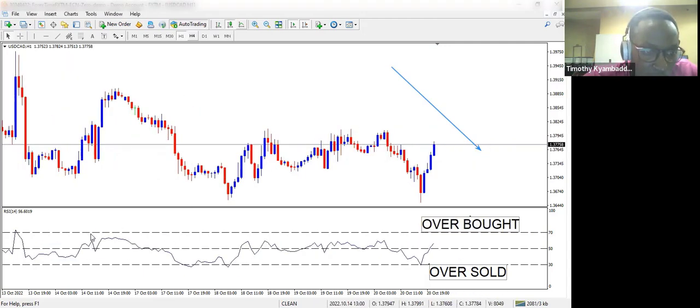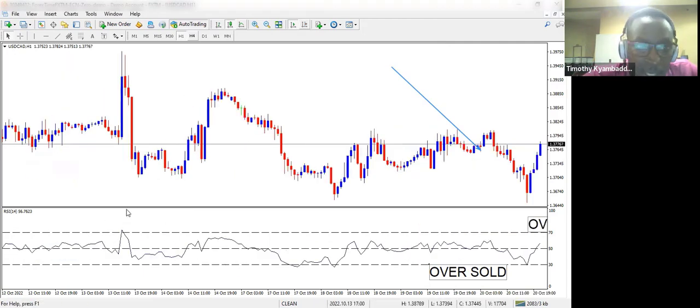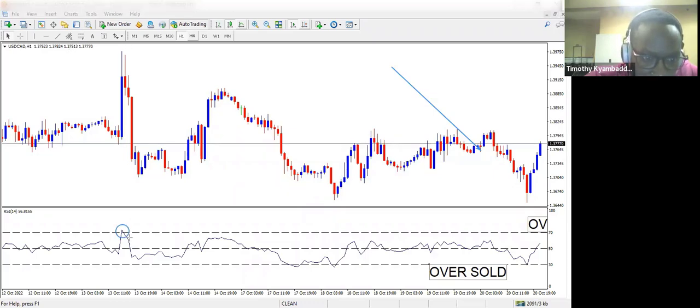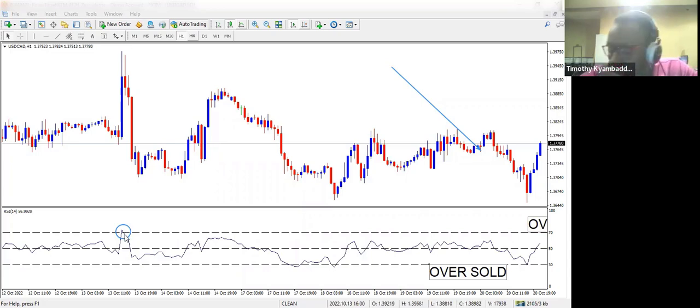Just for example purposes, I will go back and highlight an area where this occurred. If we look at an area like this, you see this? If we're looking to move in the downward direction, we're looking for a condition like this where price will come above the 70 line and then begin to come back down. That means we're trying to sell, but we're waiting for the market to be saturated in terms of overbought.